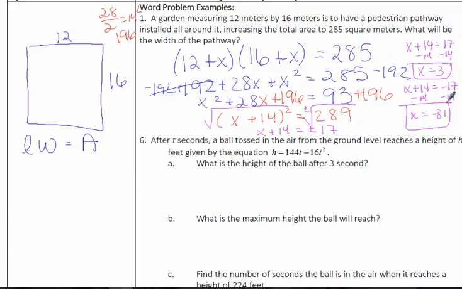Can I have dimensions of a negative number? So that's why. It did ask me for my new dimensions. If x is 3, I'm going to add 3 to both of these. I get 19 and 15. So my new dimensions are 15 by 19. So take a second and write that down.